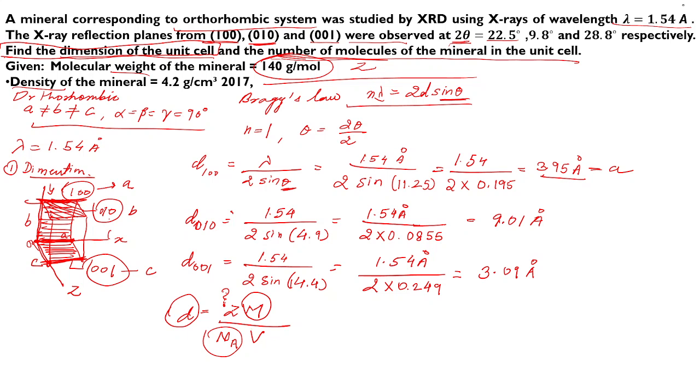Now first off, to find out the value of Z, we need to calculate the value of this V. So V is nothing, it's a volume of unit cell. First of all, we are going to calculate this value, and because here the angle is 90 degree, we can simply say it's a cuboidal system, and for a cuboidal system, volume is nothing but the multiplication of the dimensions.